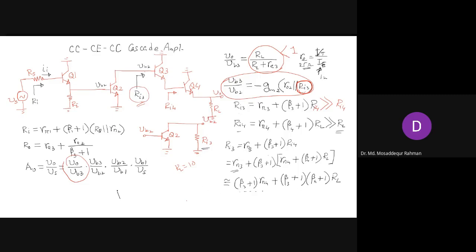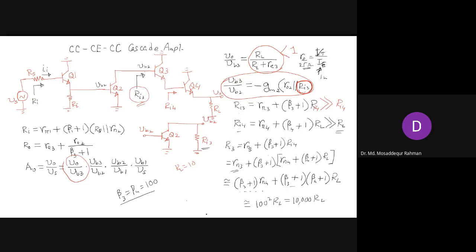So let's say for both beta 3 and beta 4, for convenience, both are 100, right? So this is 100 square RL. We're taking an approximate and not the exact. The exact will be even greater. So we get 10,000 RL.